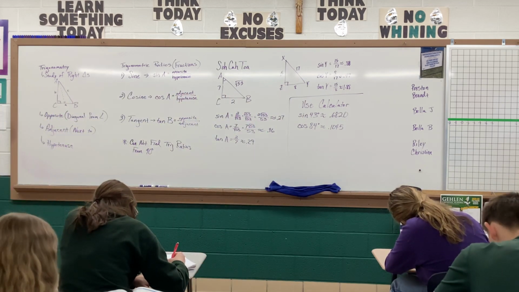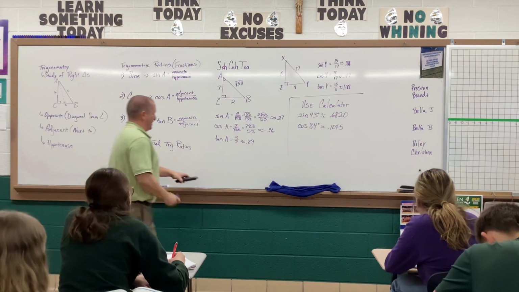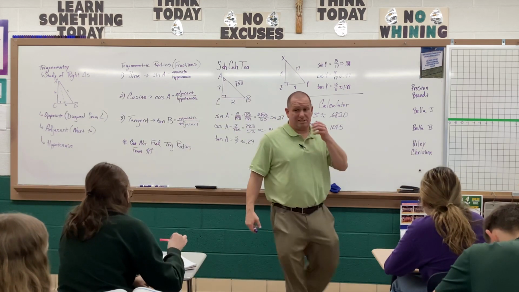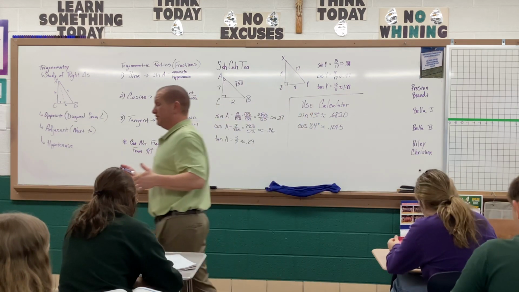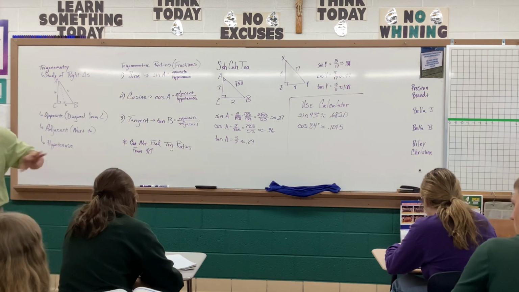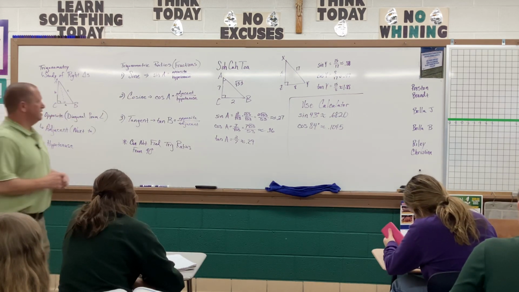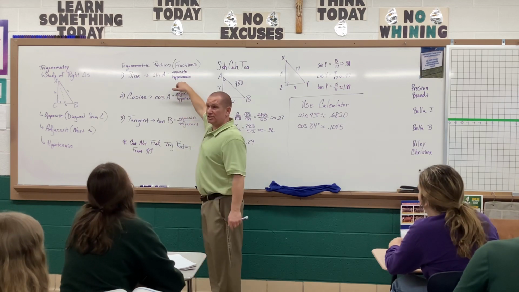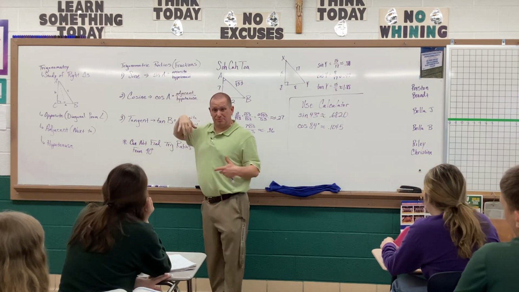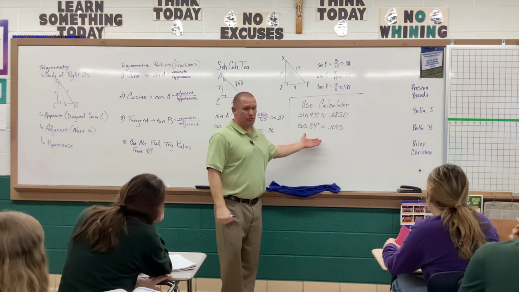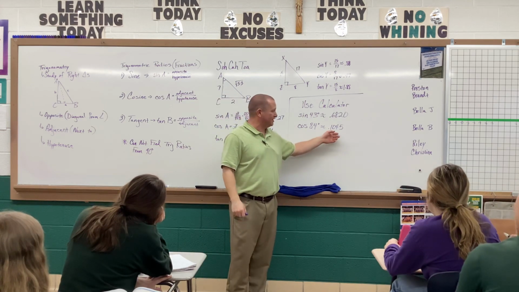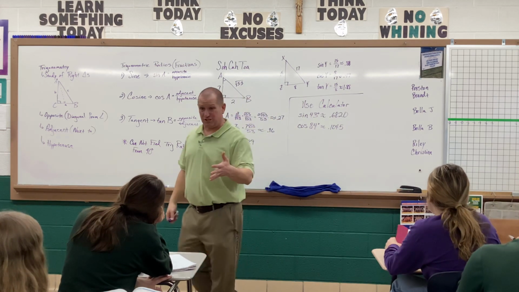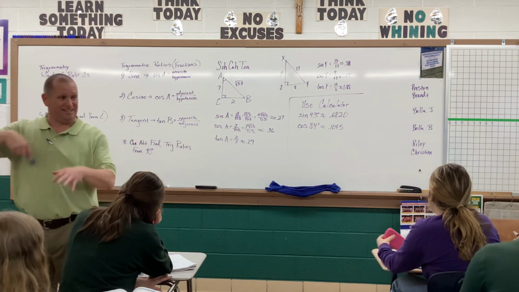Now, this is where a lot of people ask, well, what does this mean? This is exactly like what we just got done doing. See how the sine of an angle gave us a fraction, and then we took that fraction and made it into a decimal? That's essentially what we're doing here. This is actually that decimal number of the fraction, but we're just finding it in a different way.